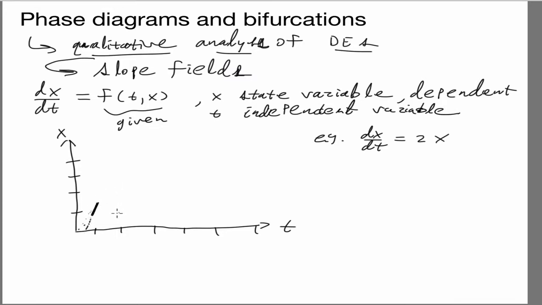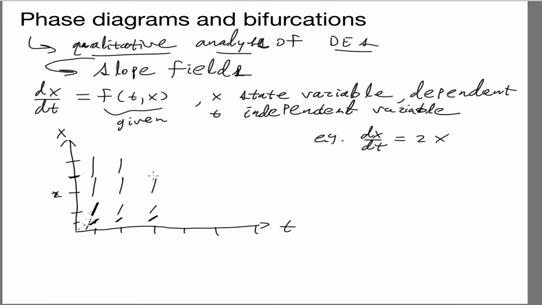Now if I go up here to x equals 2, it's going to have a slope of 4, then 6, and so on going up. And at x equals a half, we have a slope of 1.